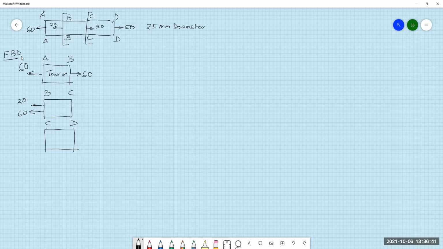If we now draw the free body diagram of A to B, B to C, and C to D of the bar, what will happen? Initially, the 60 kN is given, and as we have to use all these given loads, 60 is put here.